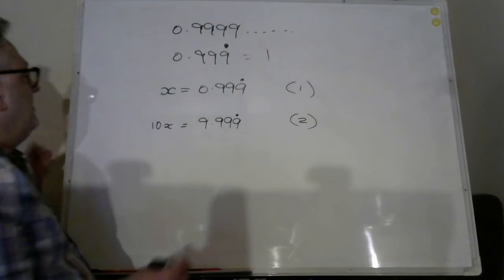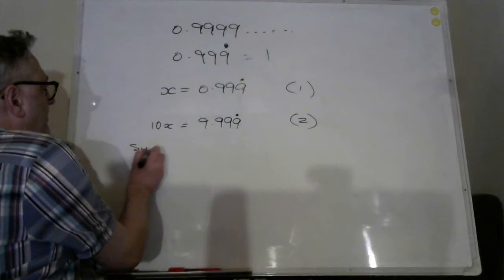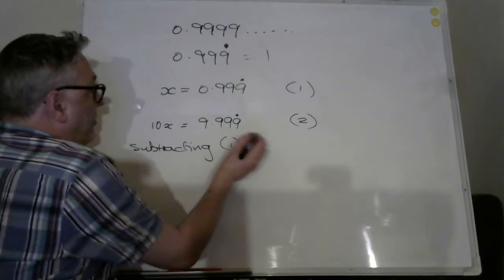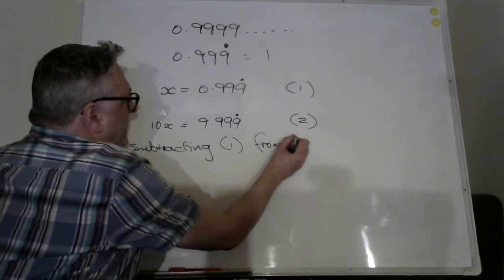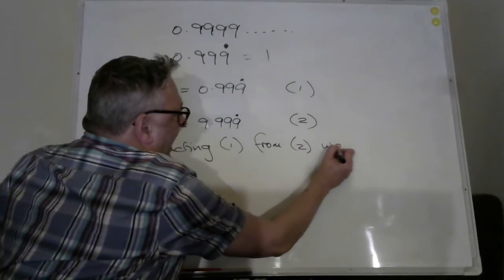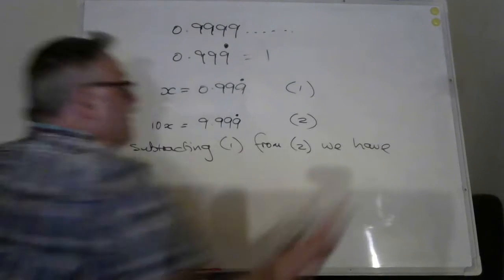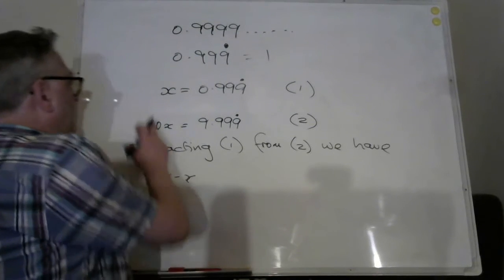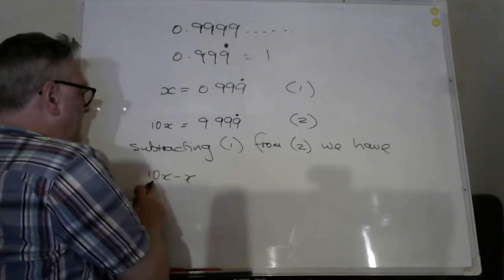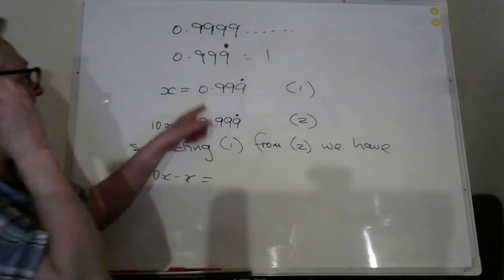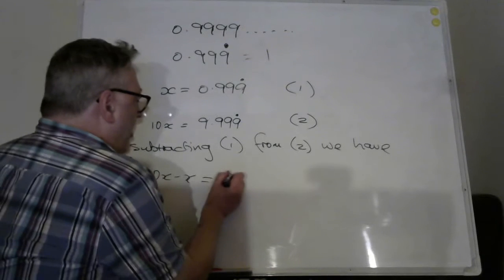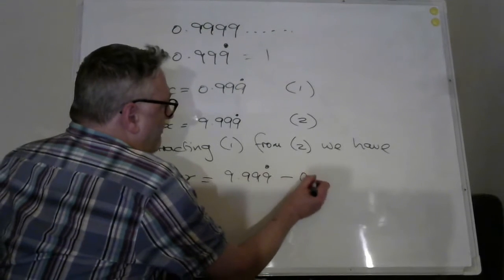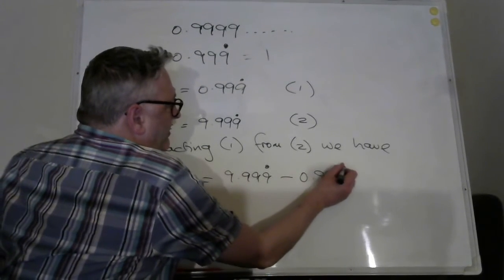Okay, so subtracting equation 1 from equation 2, we have 10x minus x, so you're subtracting x from 10x, and of course you have to do the same on the other side, so it's 9.999 recurring minus 0.999 recurring.